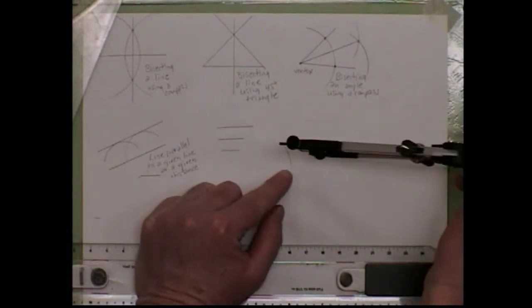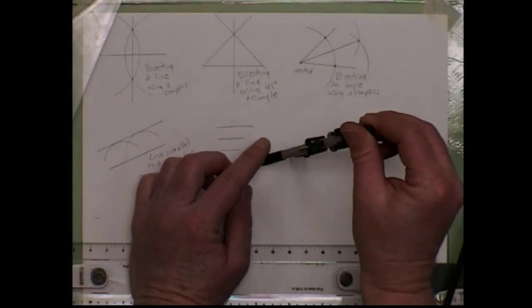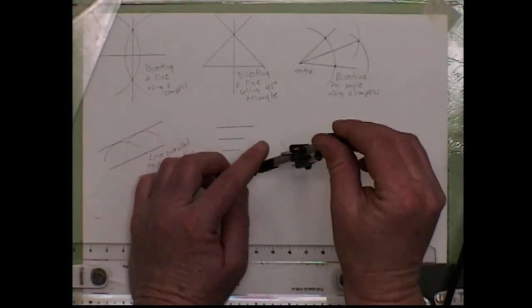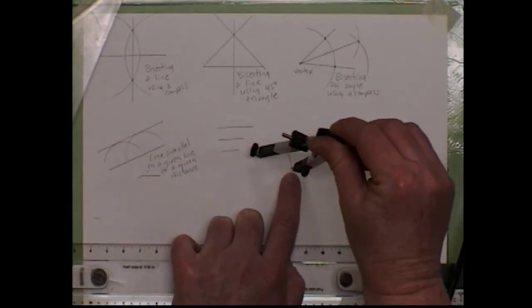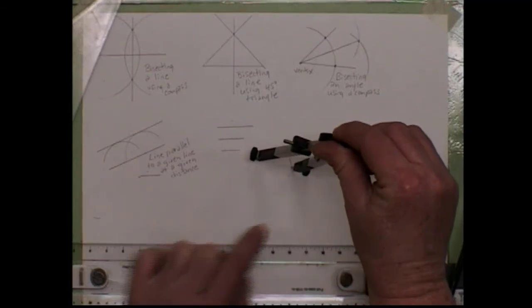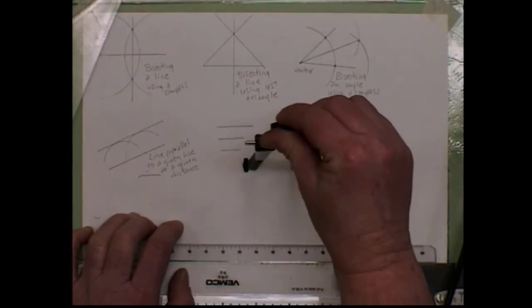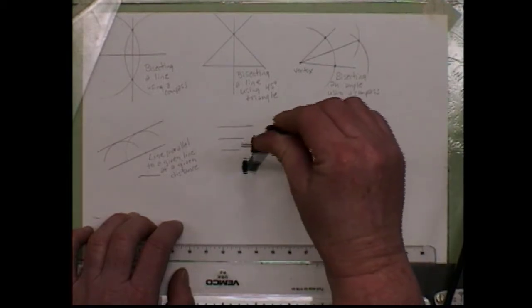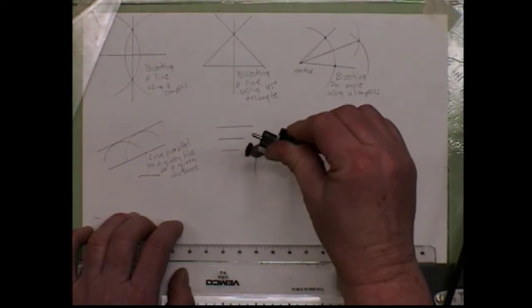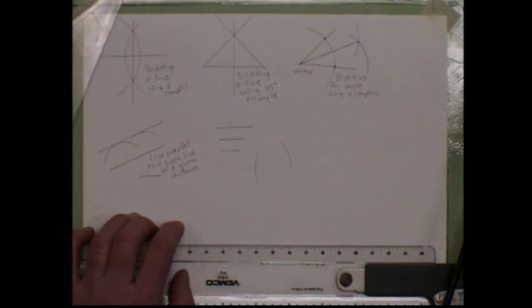And then we're going to put our needle point somewhere on that arc. Let's put it at the end point down here. So just put your needle point at the end point just to give us a reference. And we'll strike another arc. So it's going to look something like that.